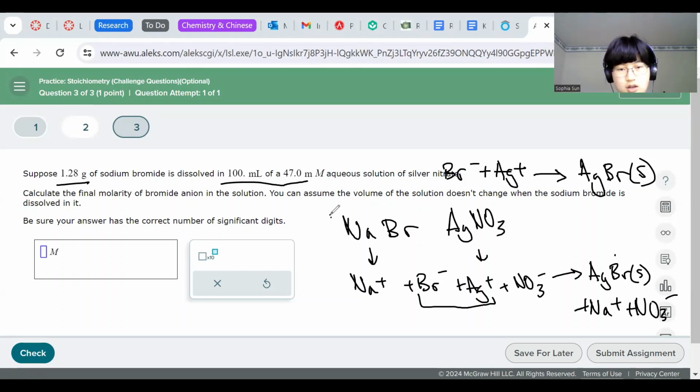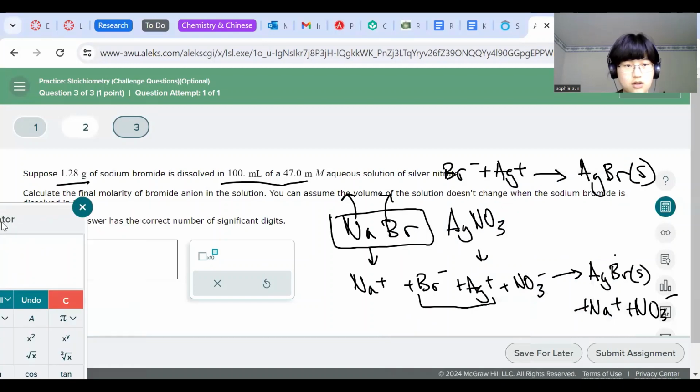Per formula unit of sodium bromide, there's one sodium cation and one bromide anion. The same goes for silver nitrate. So the moles of sodium bromide are exactly equal to the amounts of sodium and bromide. Same goes for silver nitrate. So let's do that.